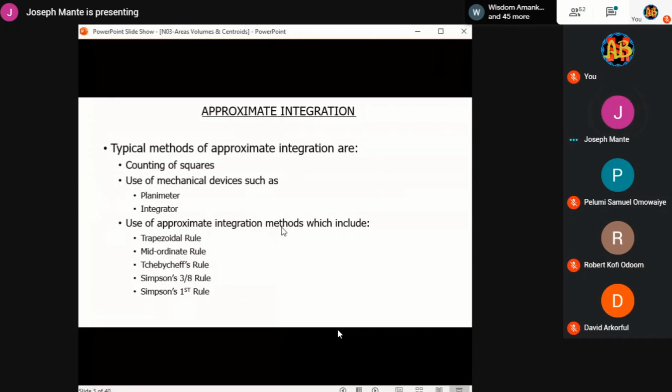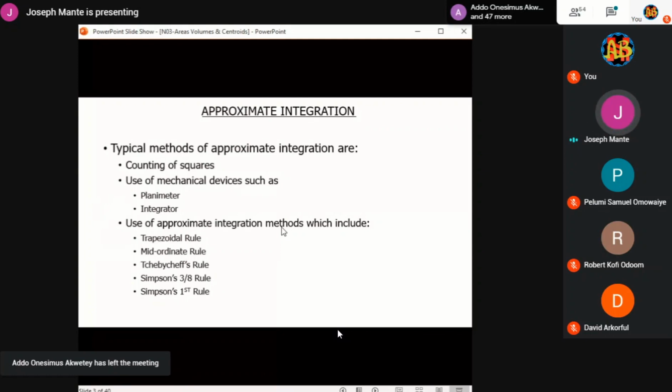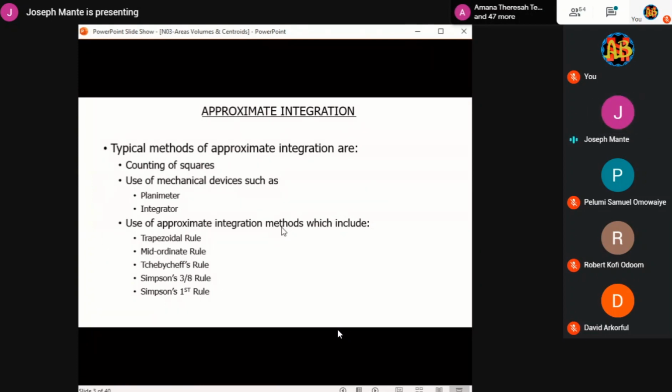Then there is the use of the approximate integration method, which includes the trapezoidal rule, the mid-ordinate rule, and Simpson's rules, Simpson's first rule. All these are used in calculating the areas, volumes, and centroids of a ship.